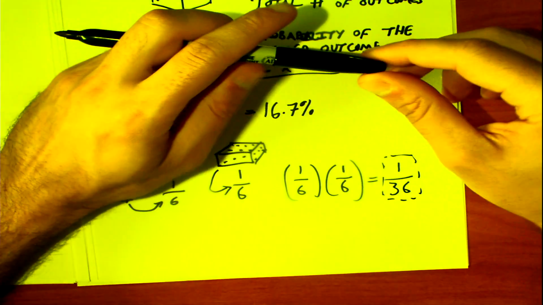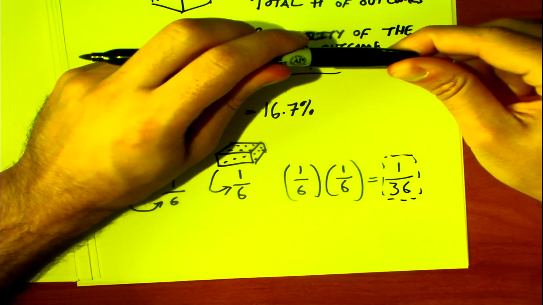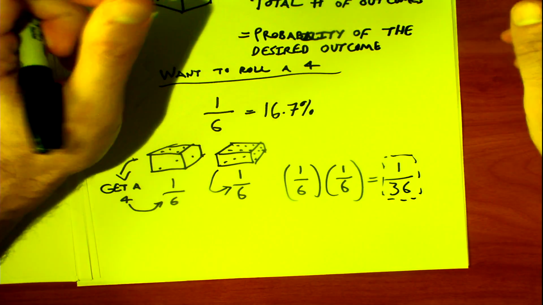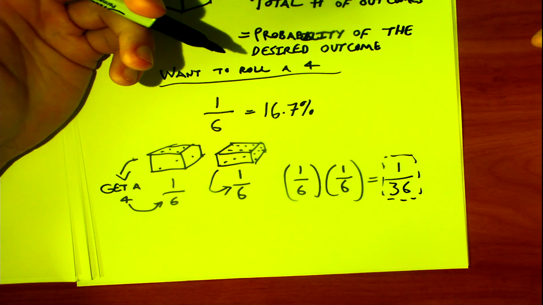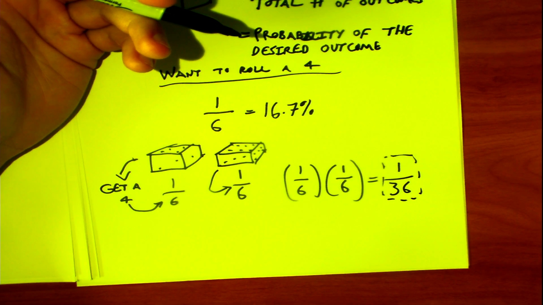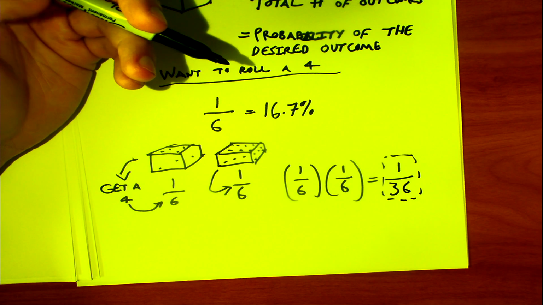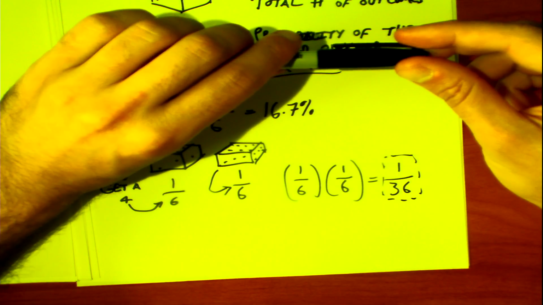So if you want to find the relationship of 2 events both occurring at the same time, all you have to do is multiply the probability of each event occurring independently. Now, what's a problem with this?